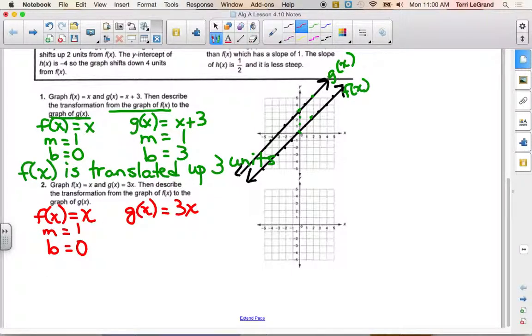So, again, like I said, you're going to be able to almost graph the parent function without hardly having to think, but graph the parent function first. And then we'll go on to g of x.